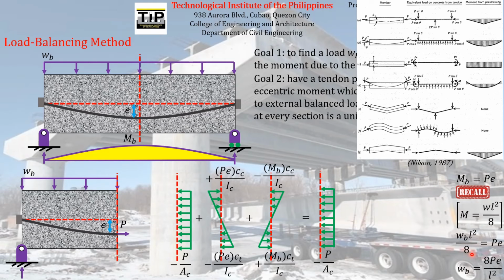So in that way, you can find the balance load that must be imposed on the concrete element to have balanced moments at every section, so that you will be assured that the stresses acting at every section will be similar to this, just a uniformly distributed stress.